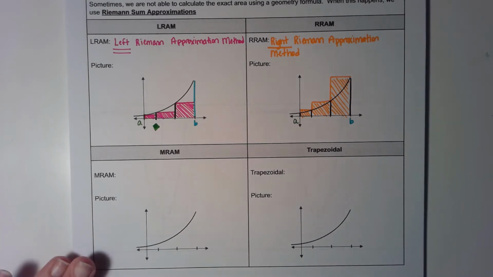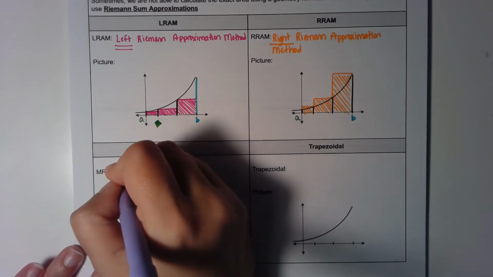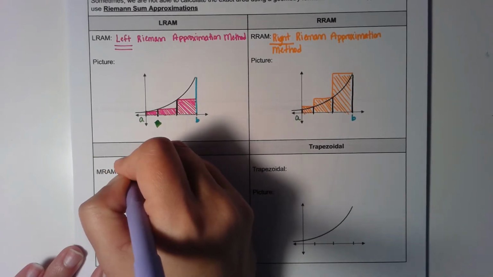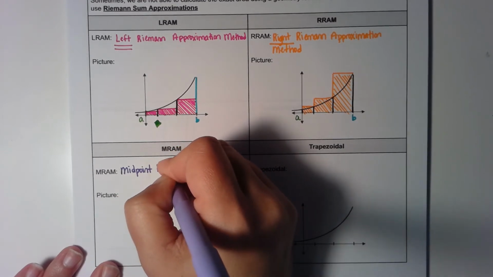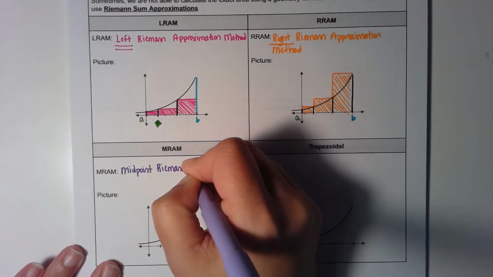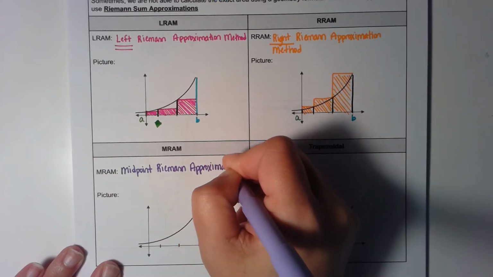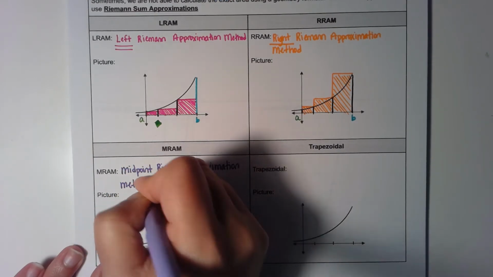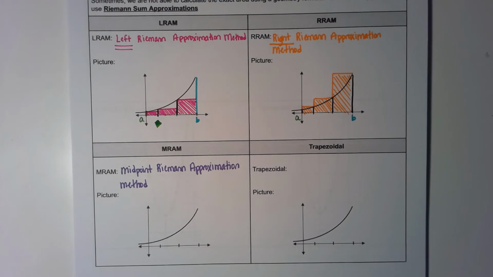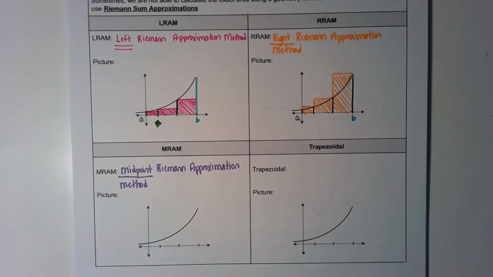The next approximation method is what's called MRAM. So MRAM stands for the midpoint Riemann approximation method. Now, what this means is that instead of using the left side to make your rectangle or the right side to make your rectangle, you're going to use the midpoint to make the rectangle.